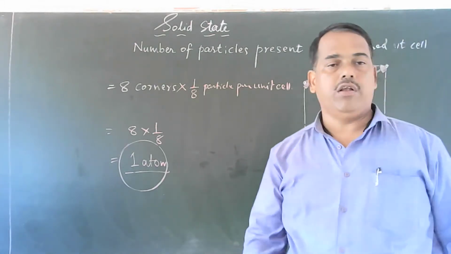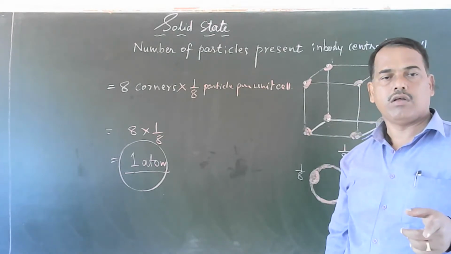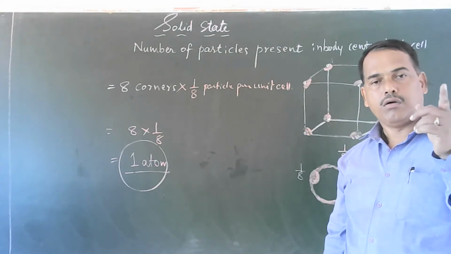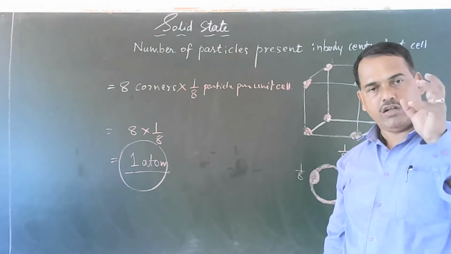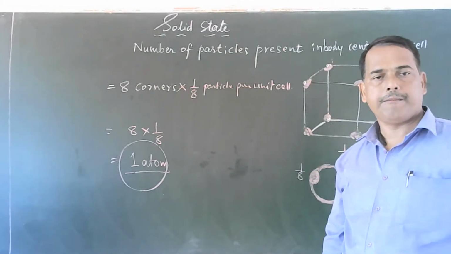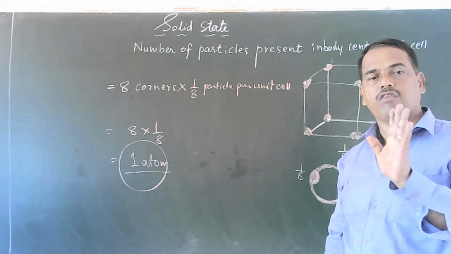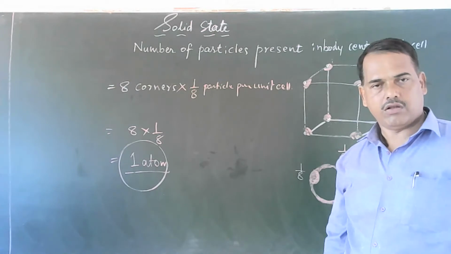What do you mean by a body centered unit cell? A body centered unit cell is defined as having a particle present at the center of the body, including the corner particles, and it is called a body centered cubic unit cell.